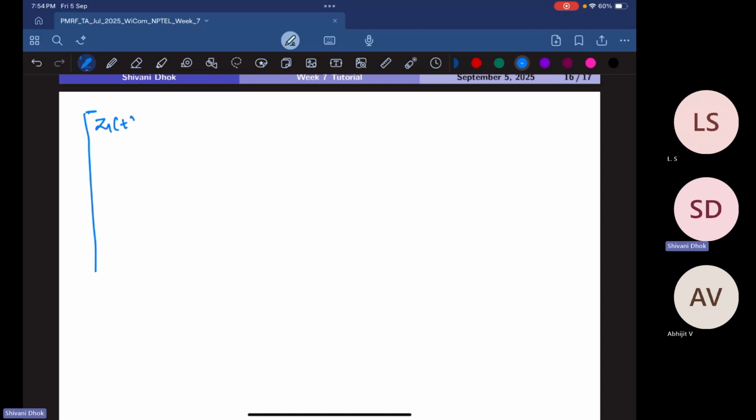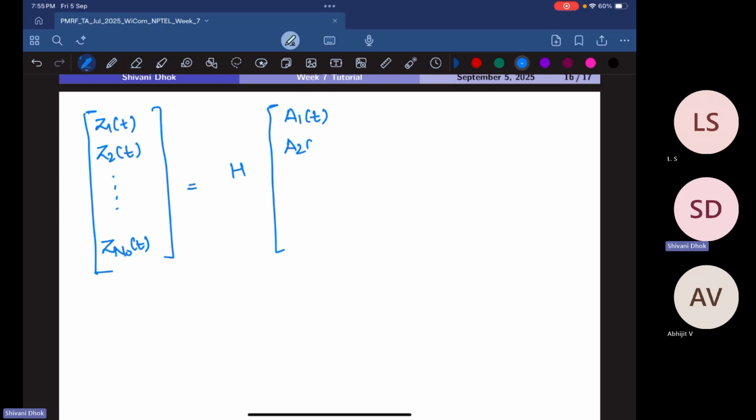We'll have z1 of t, z2 of t, and so on till z n naught of t, which will be equal to your Walsh-Hadamard matrix of dimension n naught times n naught into a1 of t, a2 of t, and so on till a n naught of t.